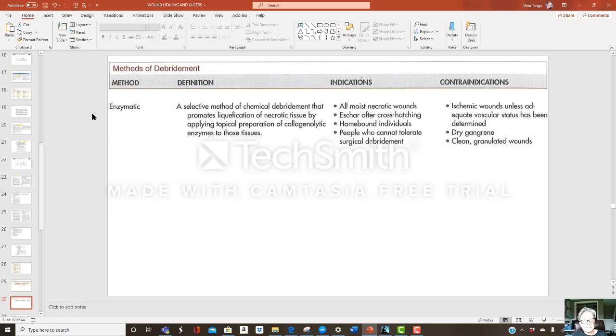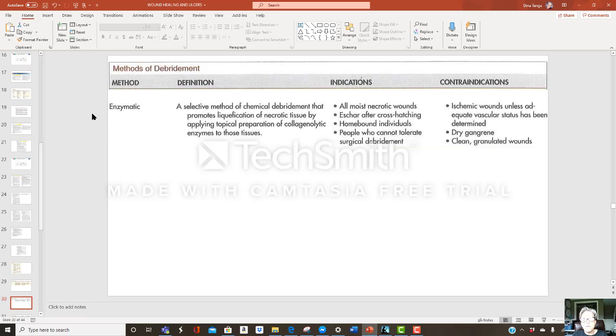Enzymatic, a selective method of chemical debridement that promotes liquefaction of necrotic tissue by applying a topical preparation of collagenolytic enzymes to those tissues.